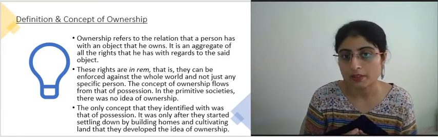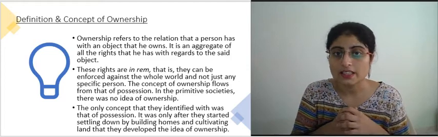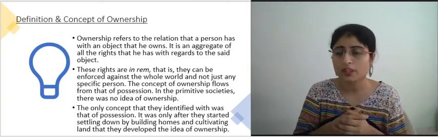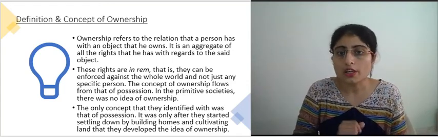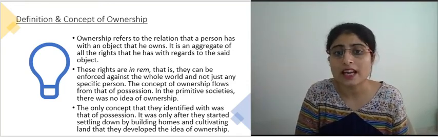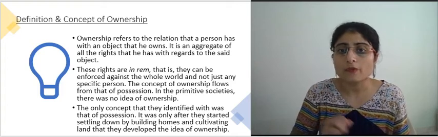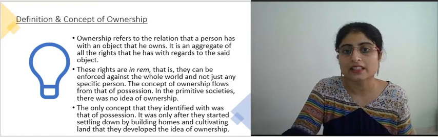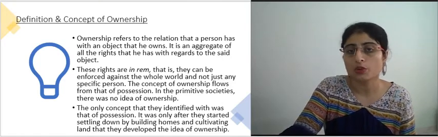In primitive societies, there was no idea of ownership, because there was no idea of possession. The only concept that they identified was that of possession. It was only after they started settling down, building homes and cultivating lands, that they developed the idea of ownership.